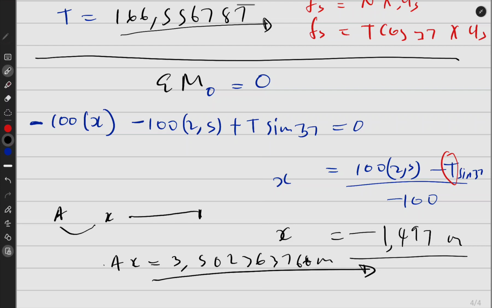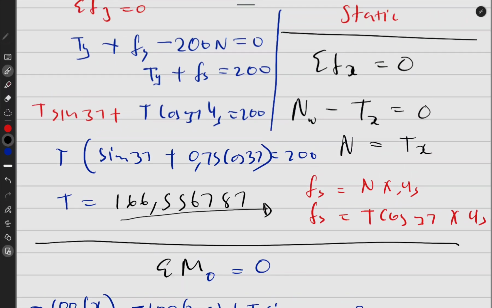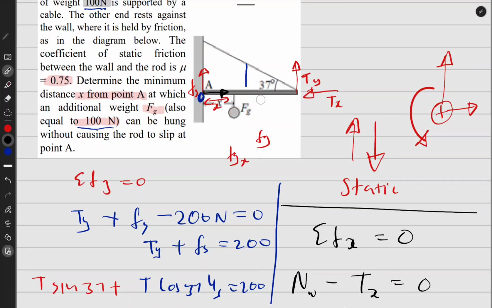And this is the correct answer. If they put these new weights at this distance that we just got, on this side, I hope this thing can hold and still be static.